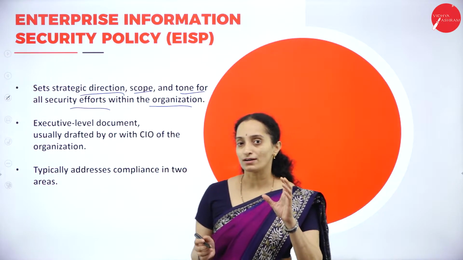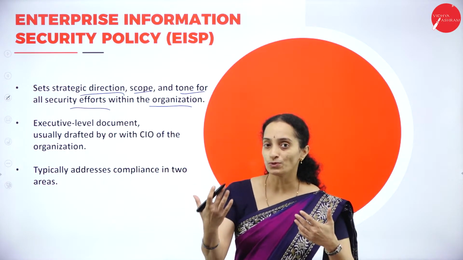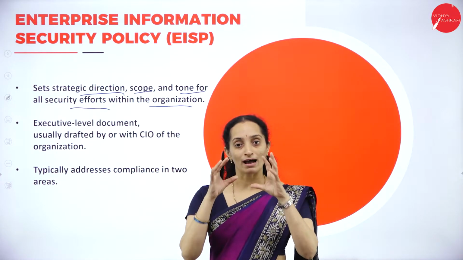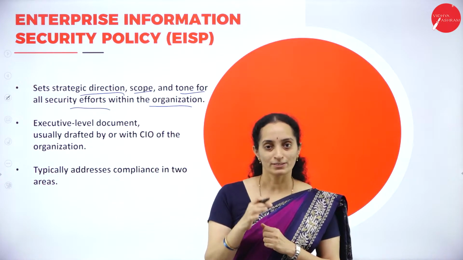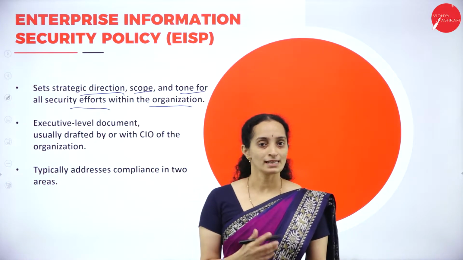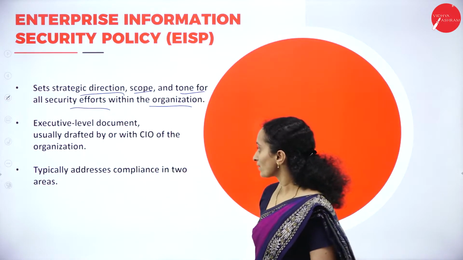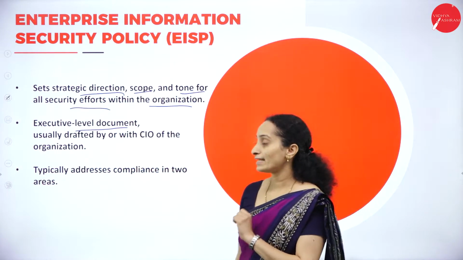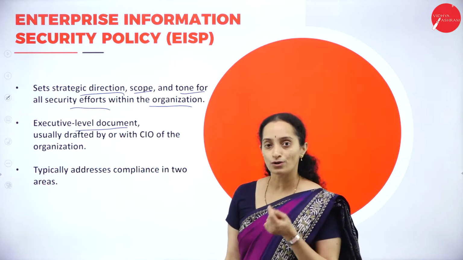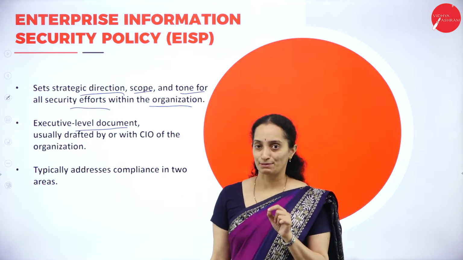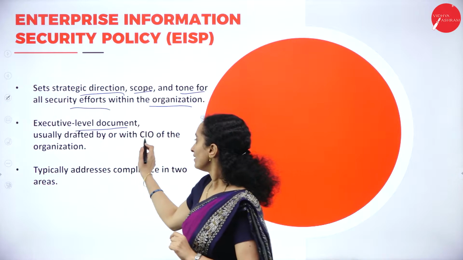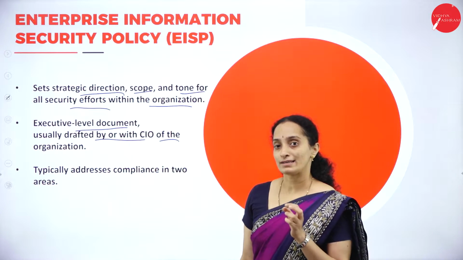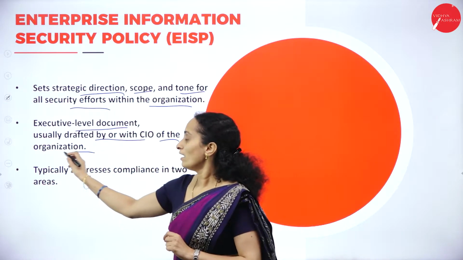Since a network is communication between two clients, the sender and the receiver include multiple persons, you need to have a standard policy which must be followed to establish network security. In this policy, you need to have an executive level document on how you are going to implement a security model in your organization, which is drafted by the chief information or internet security officer of the organization.